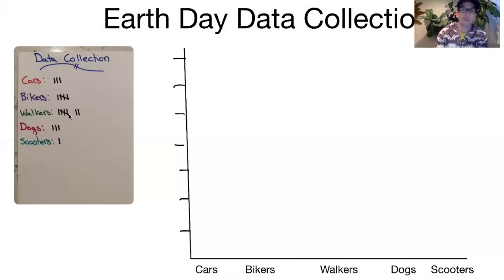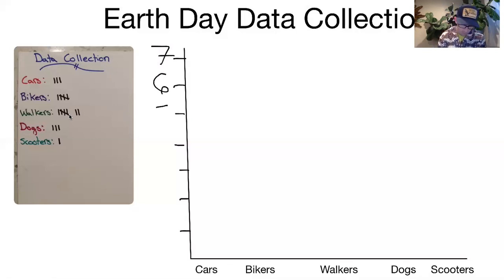I saw a lot of people out there walking. So I want to make sure that I have a place to show all of the walkers. And then I'm just going to count down from my highest point, the most frequent object or person or activity that I saw.